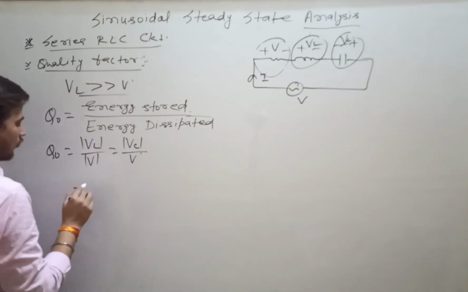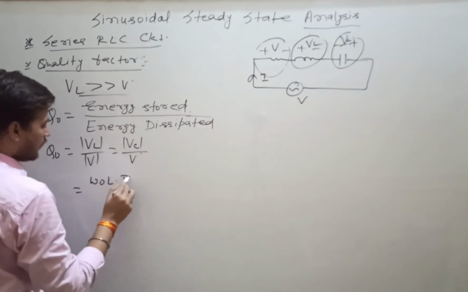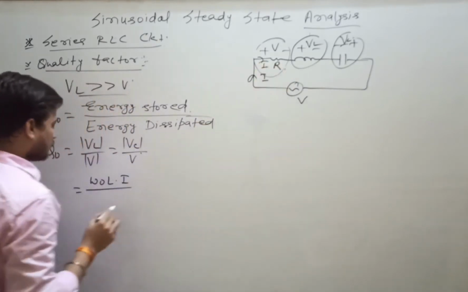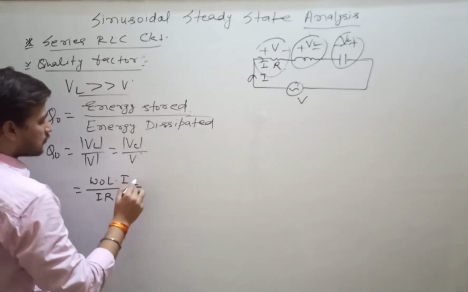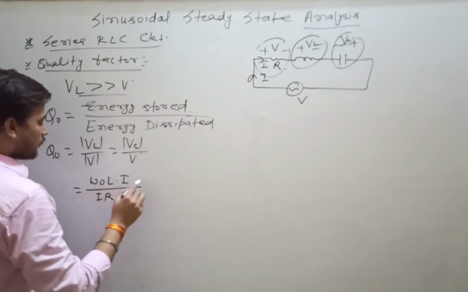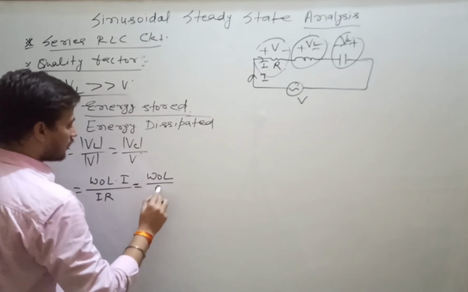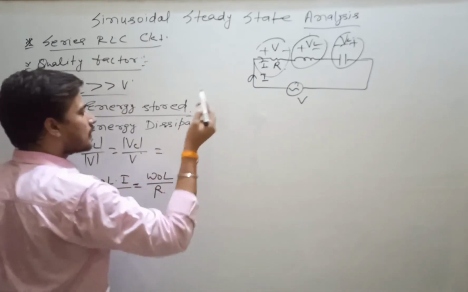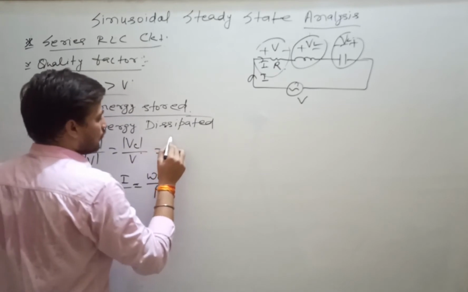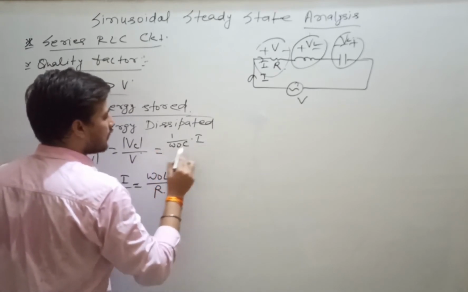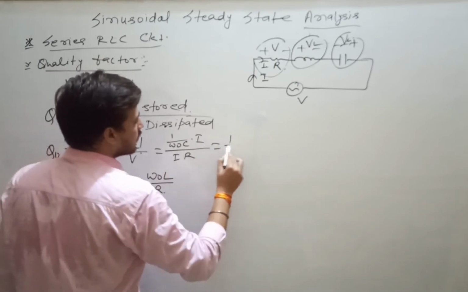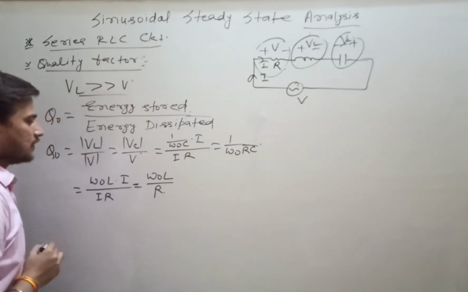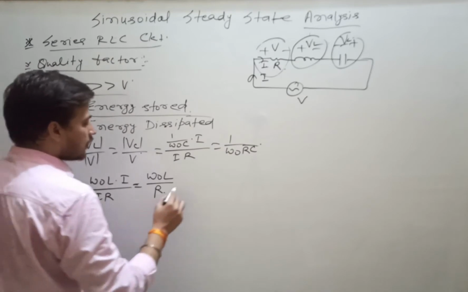VL is omega naught L into I, divided by the value of V. V is nothing but I into R. So here the quality factor is omega naught L by R. Or if you write VC by V, that means 1 upon omega naught C into I divided by I into R. So from here you are getting 1 upon omega naught RC. Clear? 1 upon omega naught RC. Now put the value of omega naught.